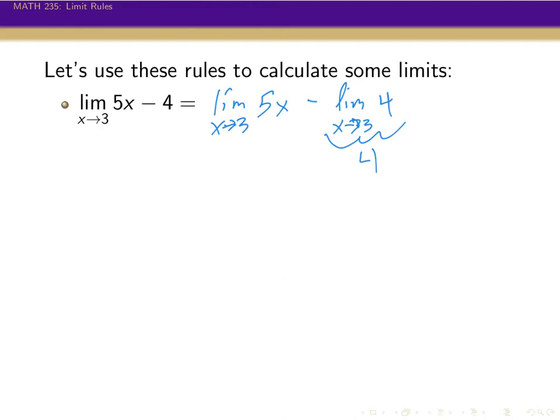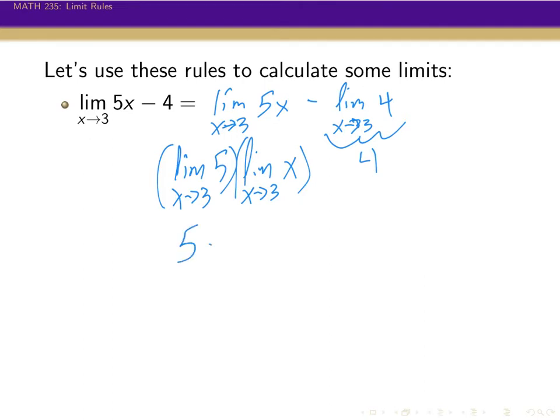The 5x, that's a product: the limit as x goes to 3 of 5 times the limit as x goes to 3 of x. And so 5 is a constant, so it's going to be 5. X, well, we're taking the limit as x goes to 3 of x. That's going to be 3. And then at the end, we're subtracting off 4.